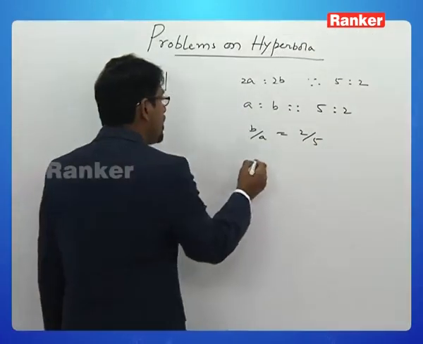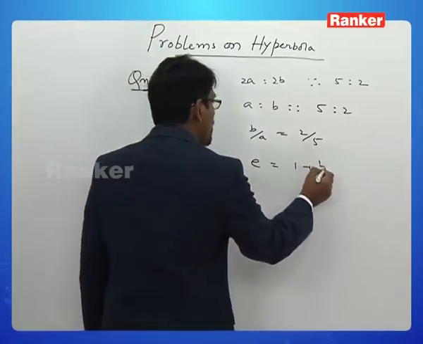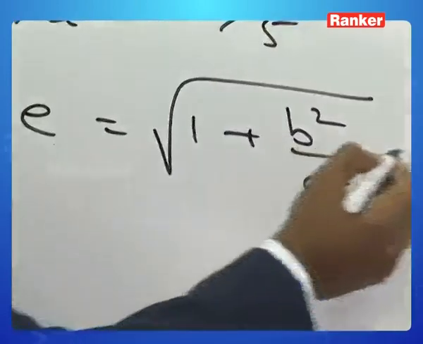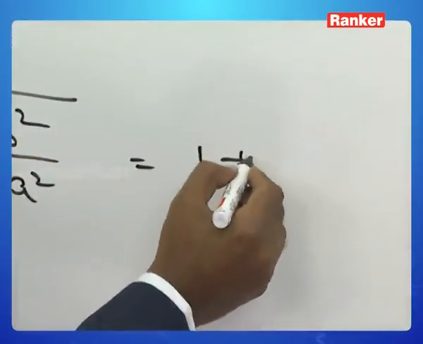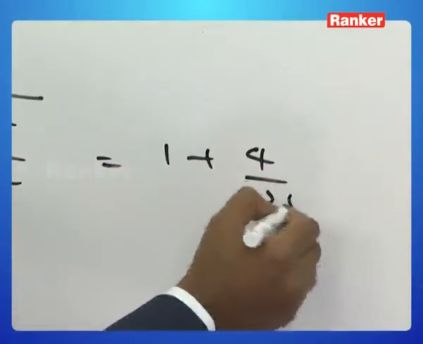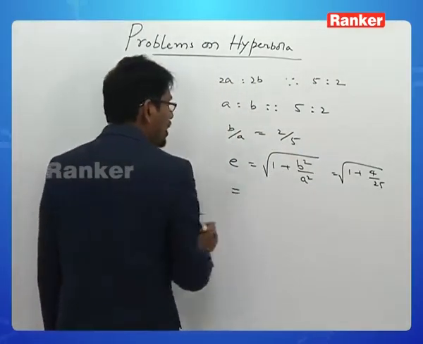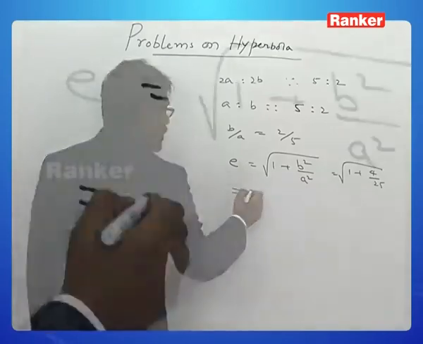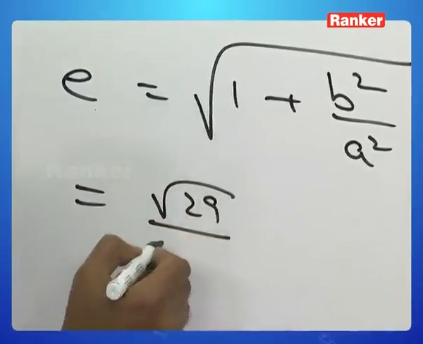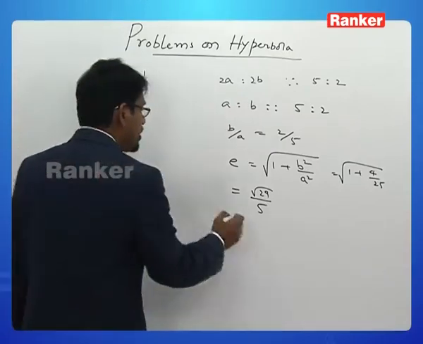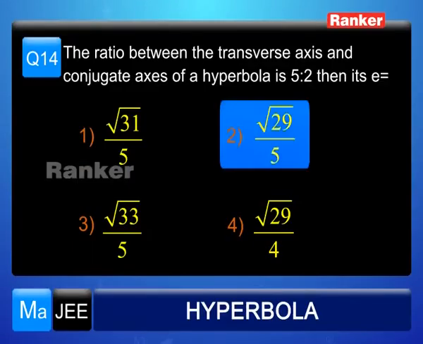We know that the eccentricity is given by the root of 1 plus b square by a square. So we can use that now. Root of 1 plus 4 by 25, and what is that equal to? It's clearly 29 by 25, so root 29 by 5. That's the answer. So option 2 is the right answer.